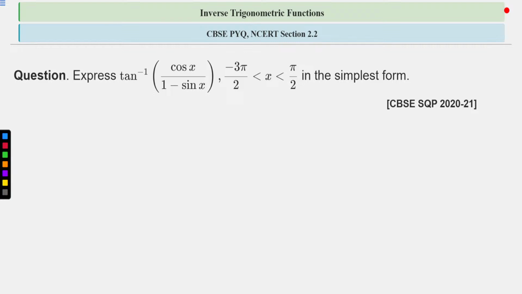So in this way you can try to solve this question. I am giving you 10 seconds to solve or think about this question. After that we will move to the solution part, right?